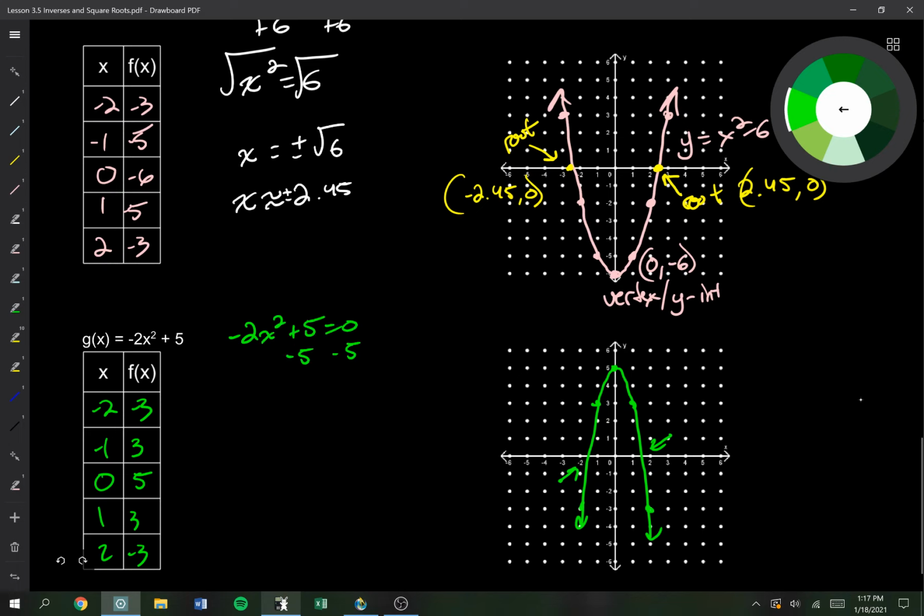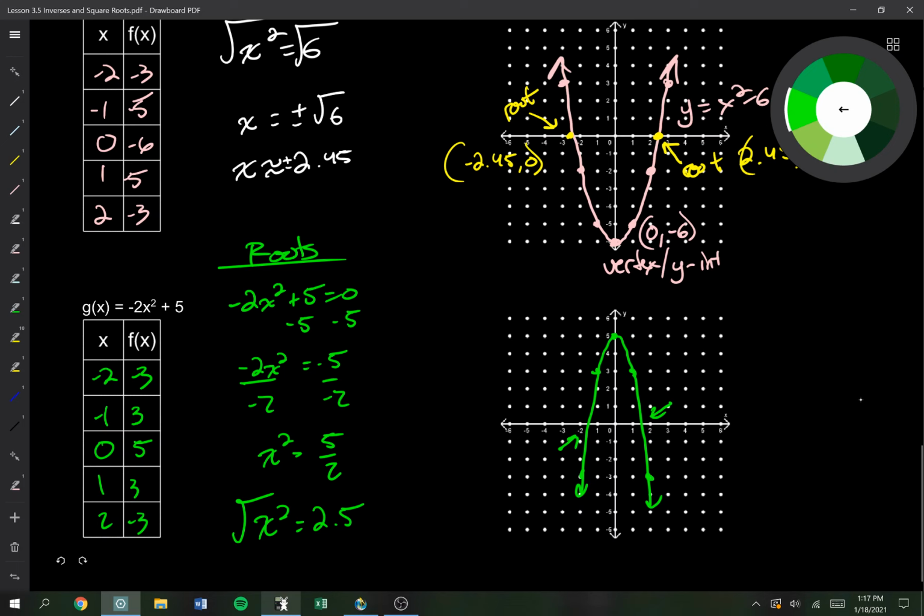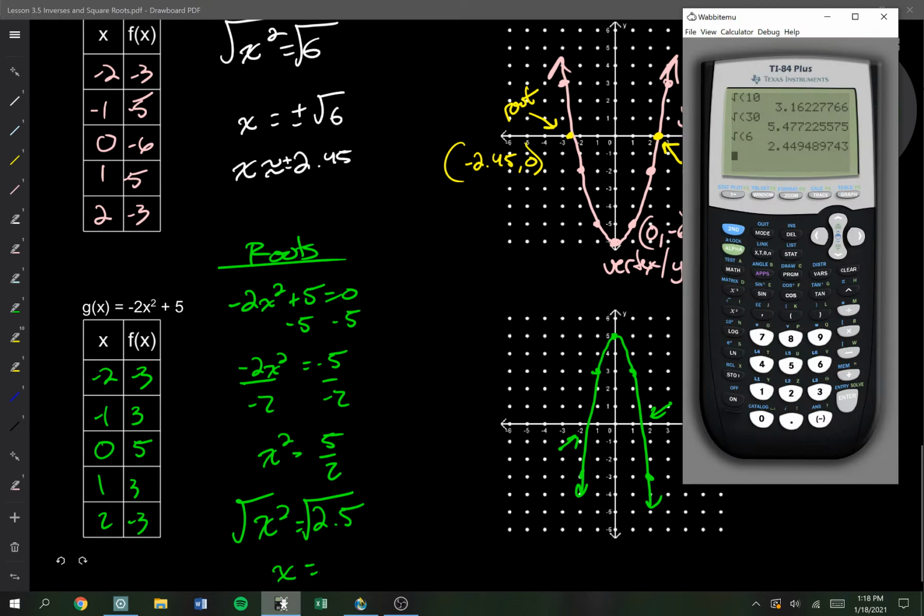Subtract a 5 from both sides, so I get negative 2x squared equals negative 5. This is me finding the roots, by the way. Divide everything by negative 2. We get that x squared equals 5 over 2. I'm just going to call that 2.5. Okay, well, if x squared is 2.5, I want to find x. x is the square root of 2.5. 1.4-ish, I bet.